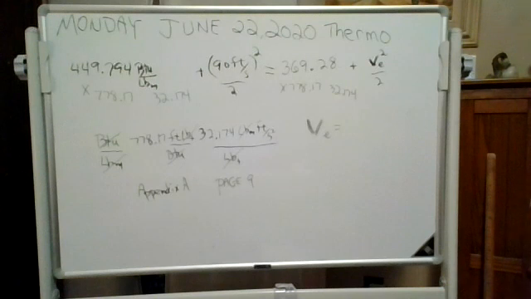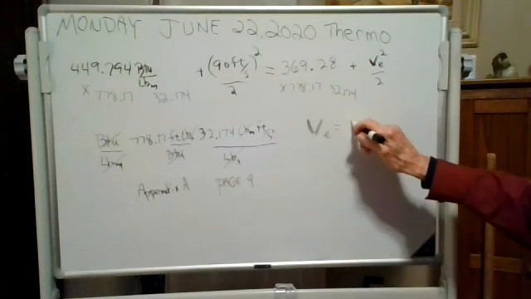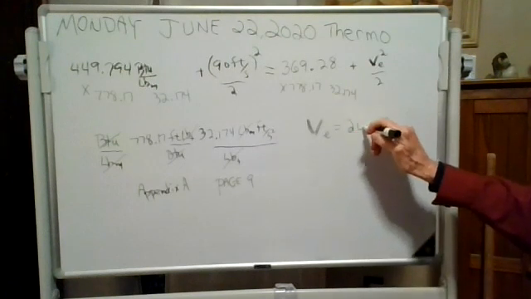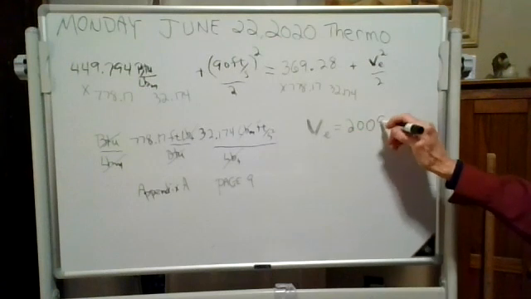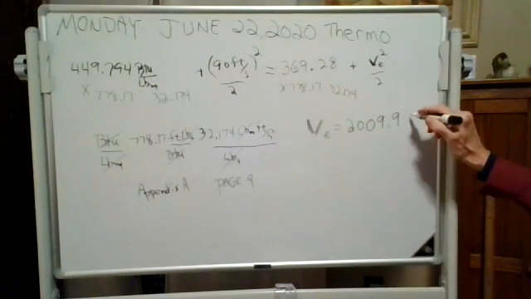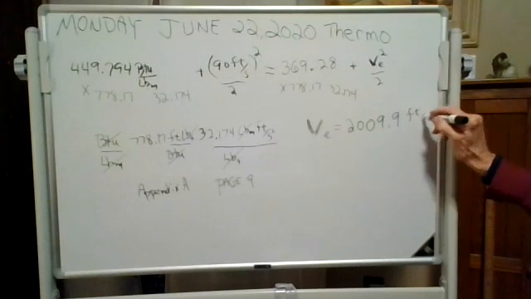Got the right number this time. I'm getting an exiting velocity of 2009.9 feet per second.